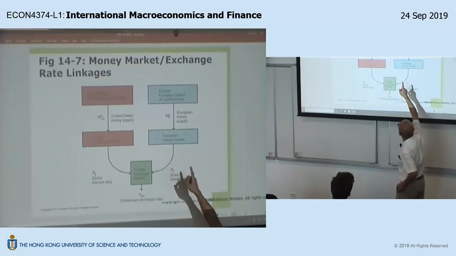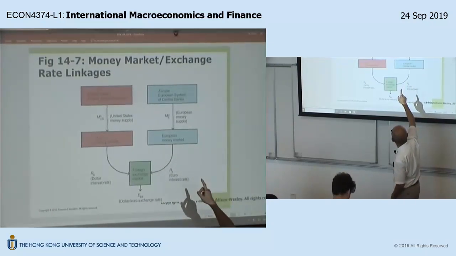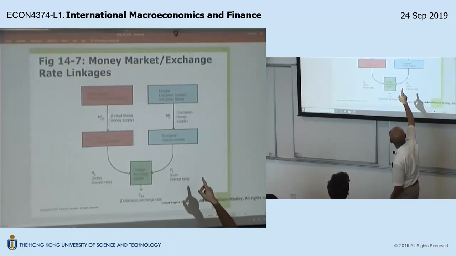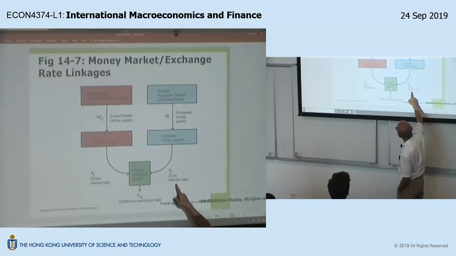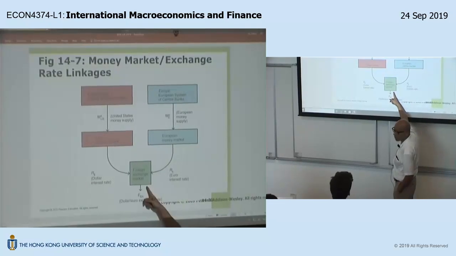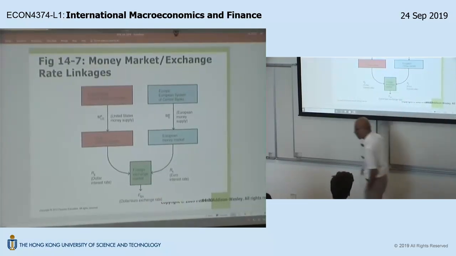In the same way, if the Euro area, the European Central Bank, changes its money supply, it's going to affect the Euro interest rate, and through the uncovered interest parity condition, it's going to affect the dollar-Euro exchange rate.